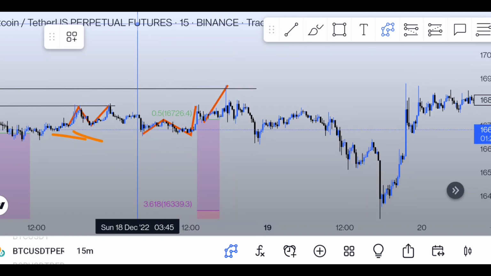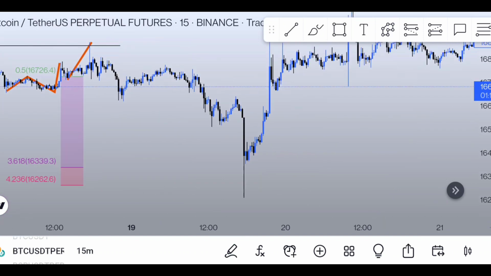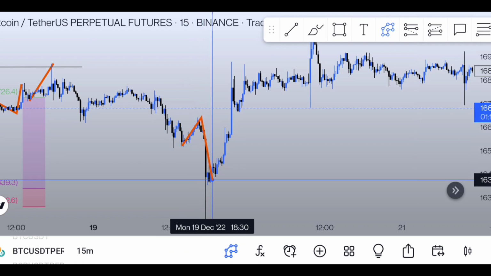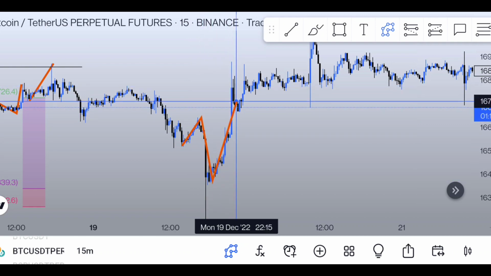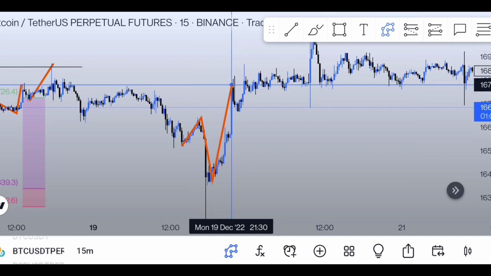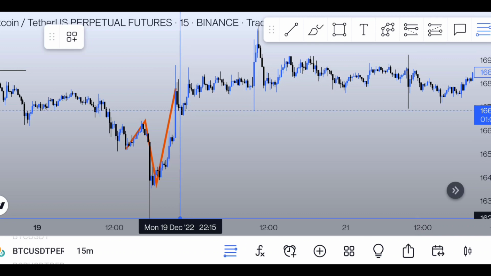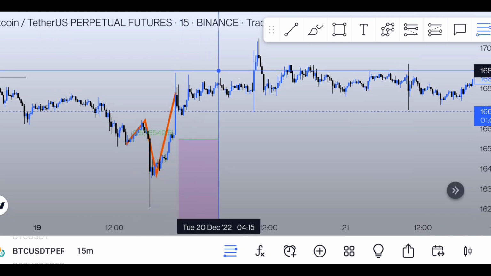Okay, so let me show you some more examples. See, here it pumped, came down, now it made a higher high, it broke the structure, okay. So we will draw our 0.5 fib level, this time from this low to this point.